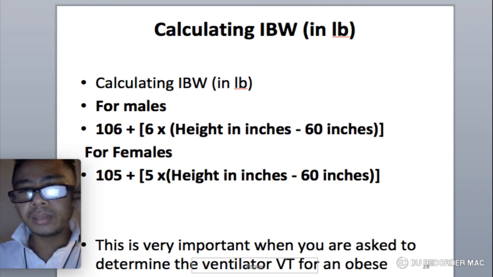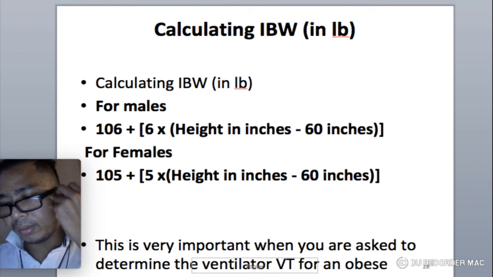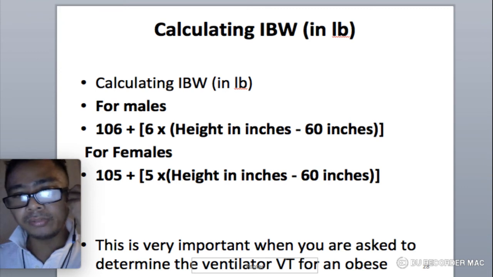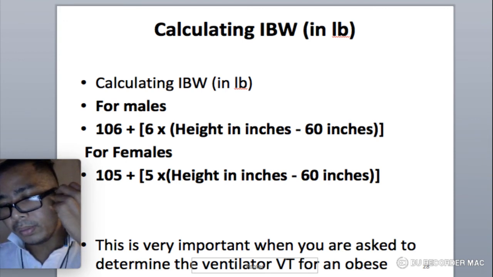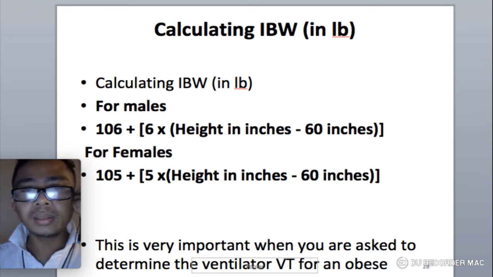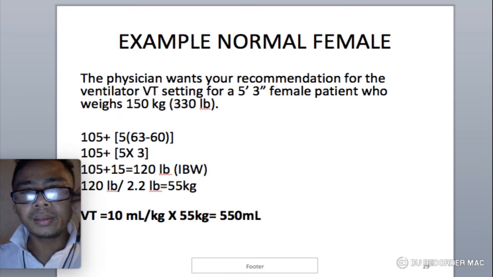So as you notice, 105 for the females and 106 for males. Be very careful. Mas lesser ang computation based on these magic numbers, or variables sa isang equation based sa sex, or gender.